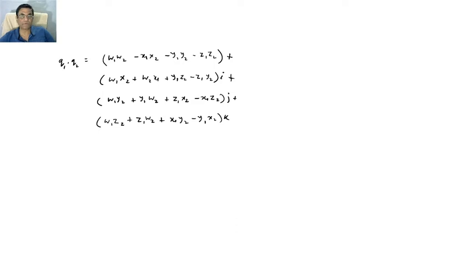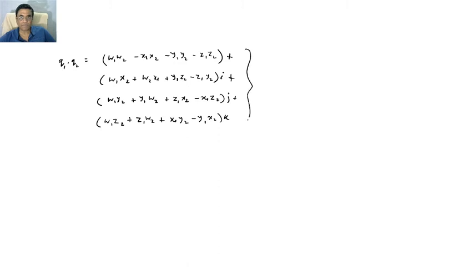So this is the real number part of the quaternion, and these are all three complex axis parts. So this real number is attached with complex axis i, this real number attached with complex axis j, and this is complex k.